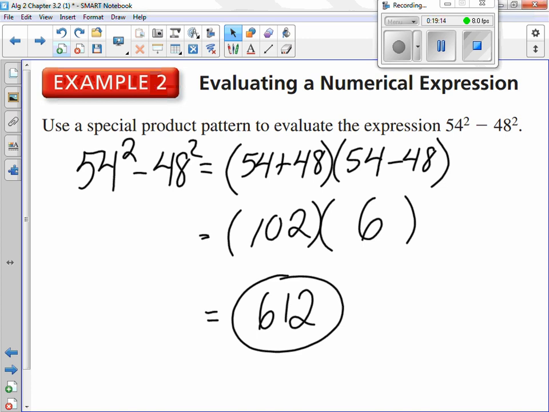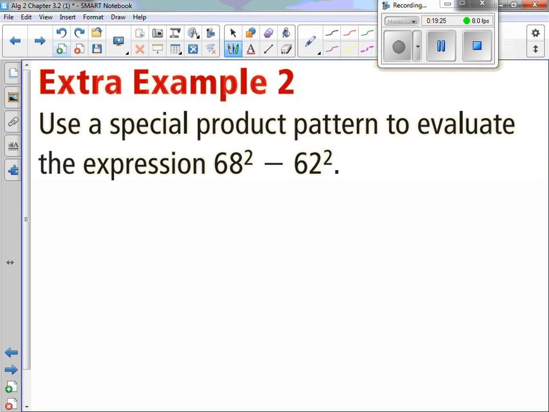There is one. There's a real easy way. There's no reason that you can't just type this straight into the calculator. There's just numbers. So with any of these here, like with this one, you could type 68 squared minus 62 squared straight into the calculator, and it would tell you what the answer was.